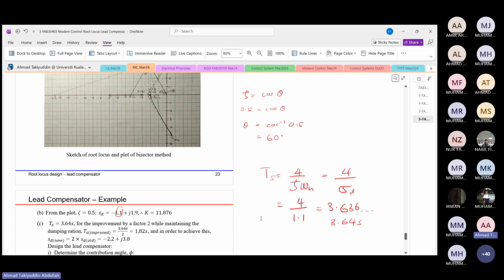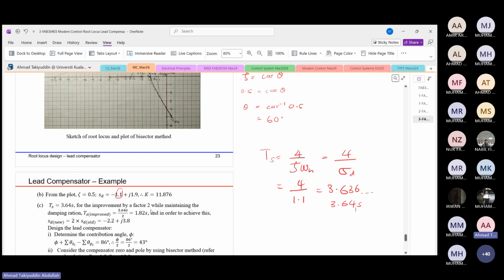So as you want the improvement by a factor of 2 while maintaining the damping ratio of 0.5, the improved Ts will be 3.64 seconds over 2. So the improved settling time that you are going to have will be 1.82 seconds. What does this mean?